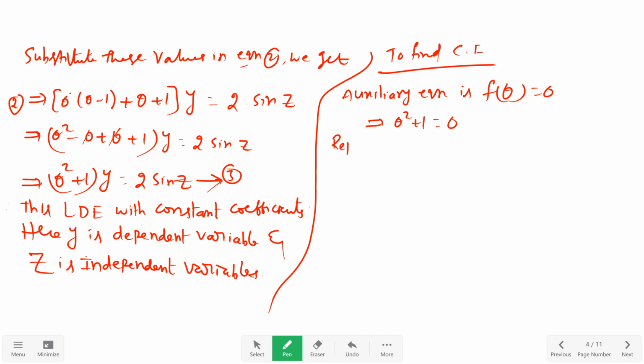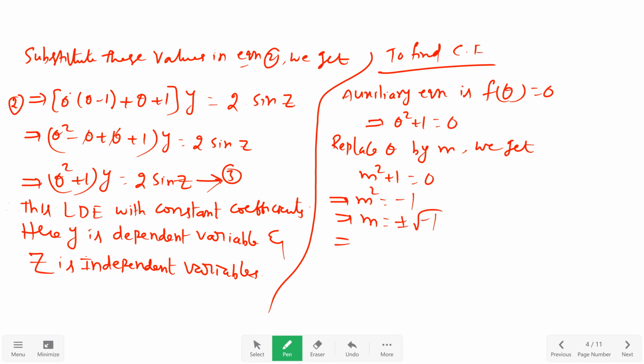Next, replace θ by m, we get m² + 1 = 0. So that implies m² = −1, so m = ±√−1. So m = ±i.